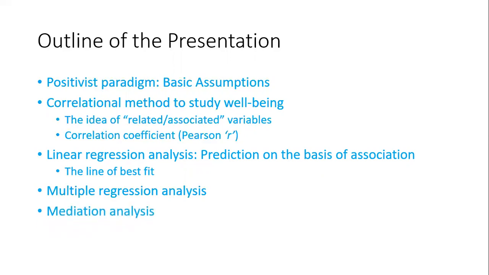From there on, we'll see whether the association between the predictor variable and the criterion variable is also somewhere intervened or mediated by another variable. So that would be some interesting understanding that we'll be broadly developing with the help of this broad method called the correlational method.